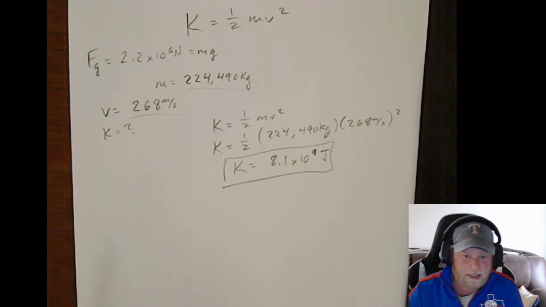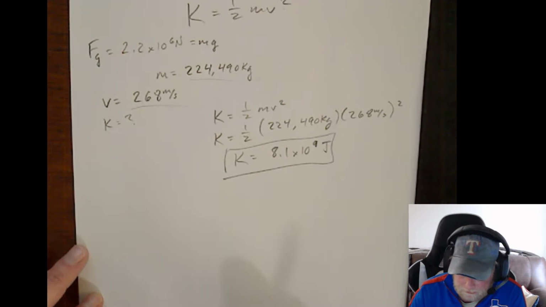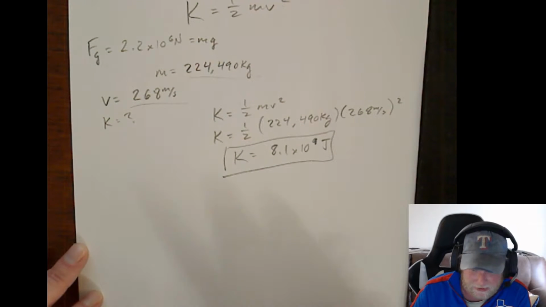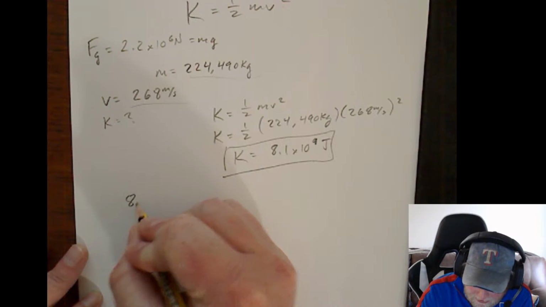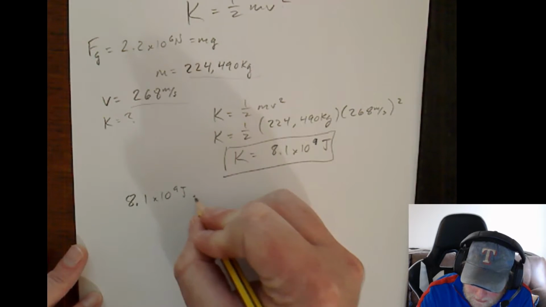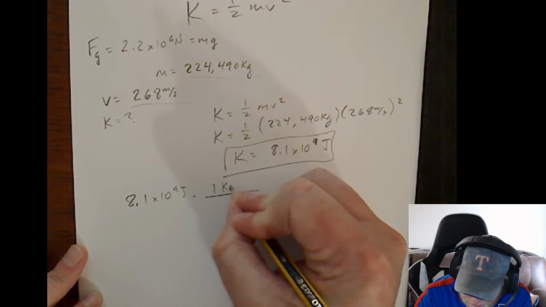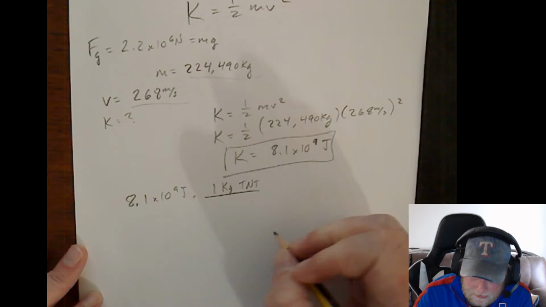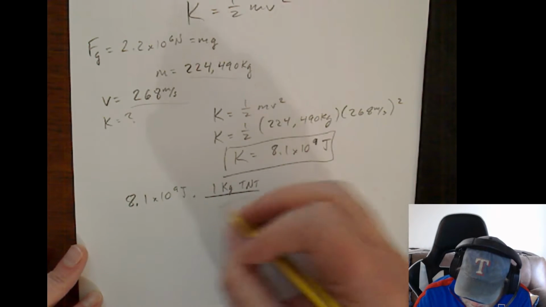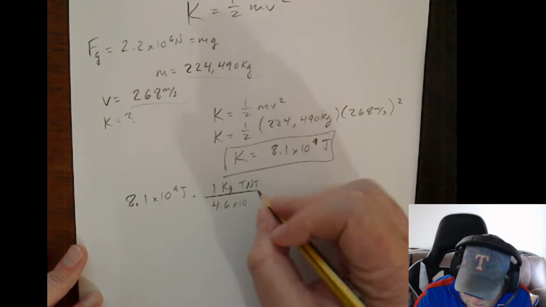Now they ask us if 1 kilogram of TNT yields 4.6 times 10 to the 6 joules, how much TNT is the plane's kinetic energy equivalent to? Well, this would just be a simple matter of dimensional analysis. So 8.1 times 10 to the ninth joules, and we know that 1 kilogram of TNT is equivalent to 4.6 times 10 to the 6 joules.